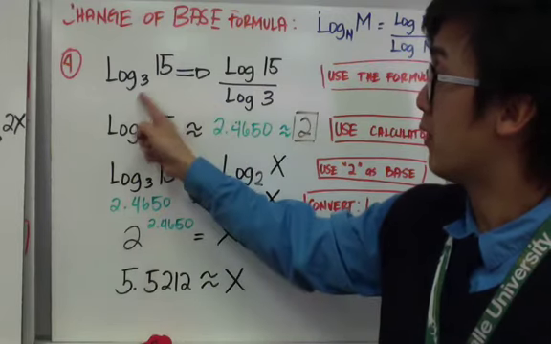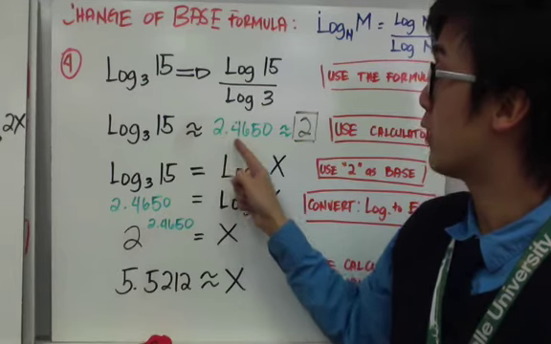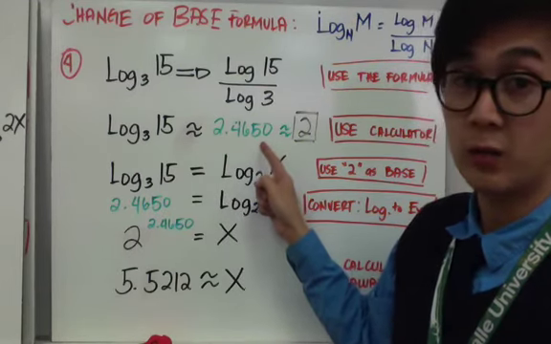So now we know that the logarithm of 15 base 3 is approximately equal to 2.4650. And how did we get 2.4650? We will use the calculator.